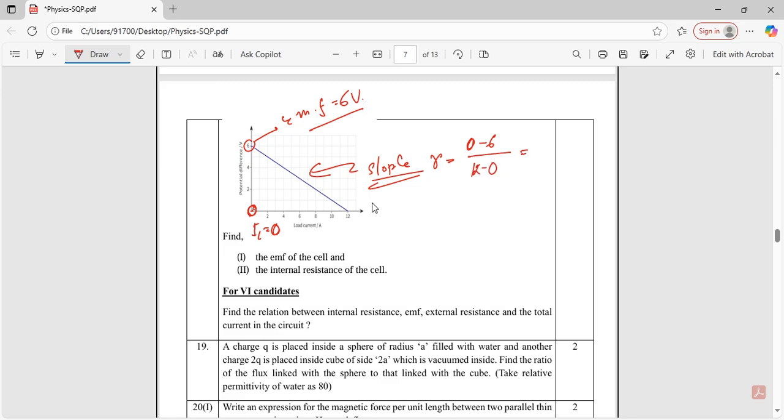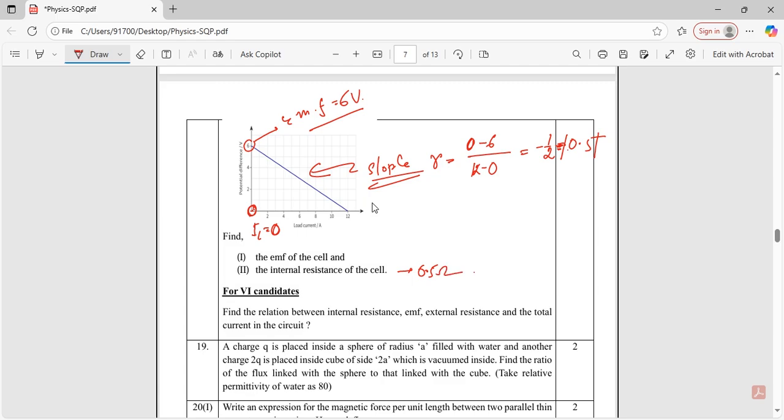So we get minus 1 by 2, which means 0.5. Ignoring the polarity, the internal resistance is 0.5 ohms.